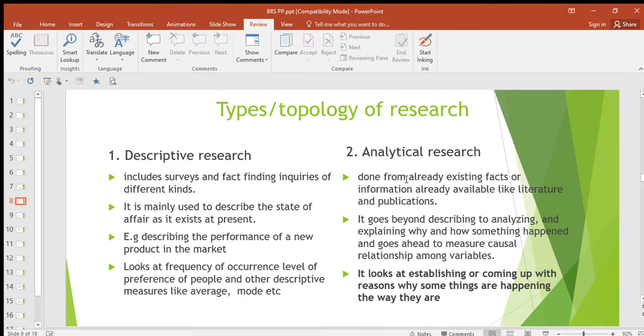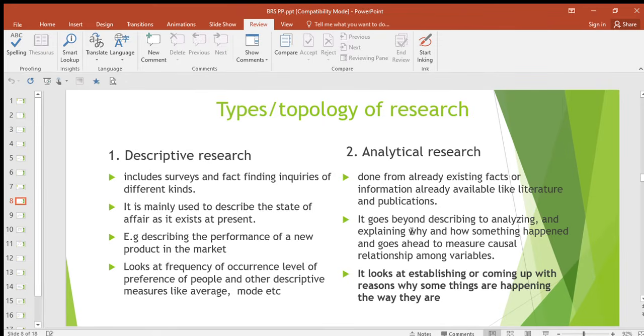Analytical research is done from already existing facts or information already available, like literature and publications. You get a newspaper and you start analyzing what was written, so that you can get the information that you want from it.